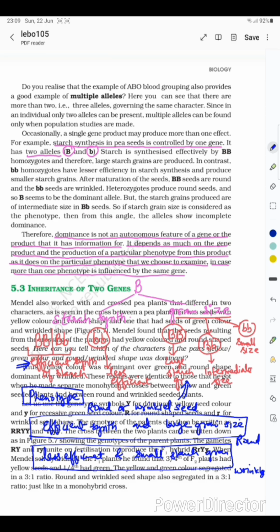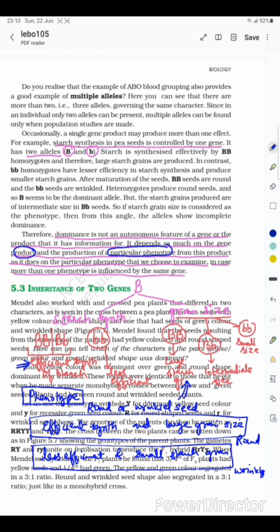That means a gene is not always showing the dominance type of inheritance pattern, because what type of inheritance pattern it is going to show is decided by the end product and the particular phenotype, right?